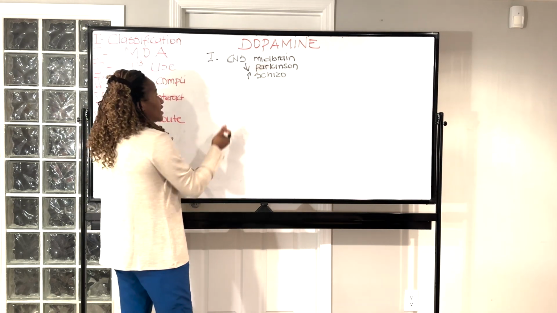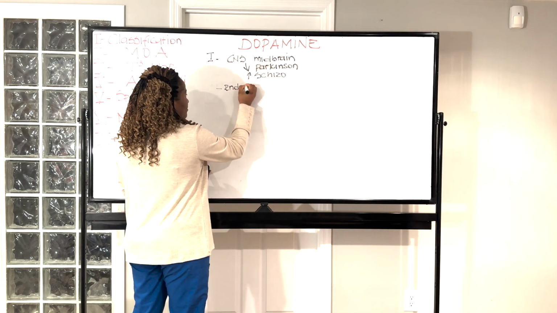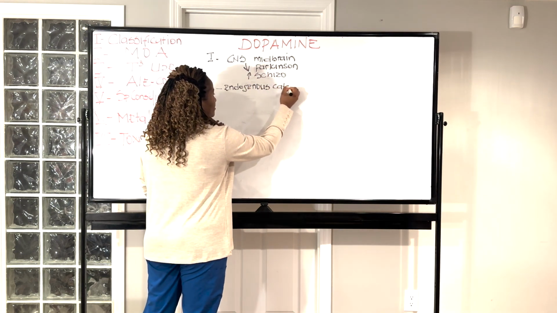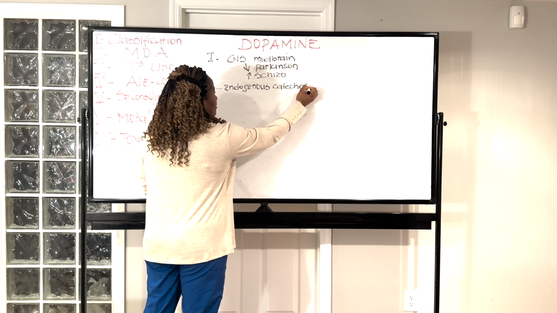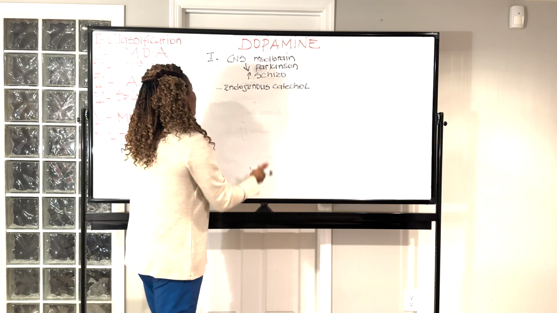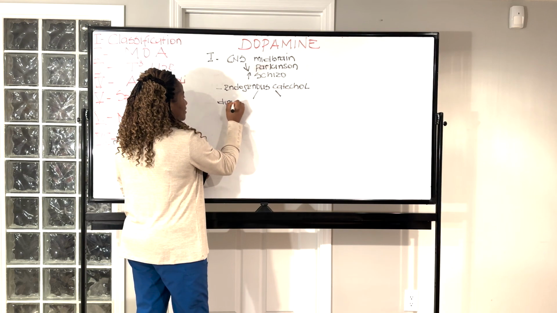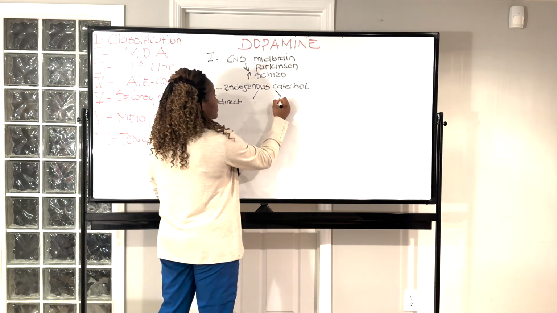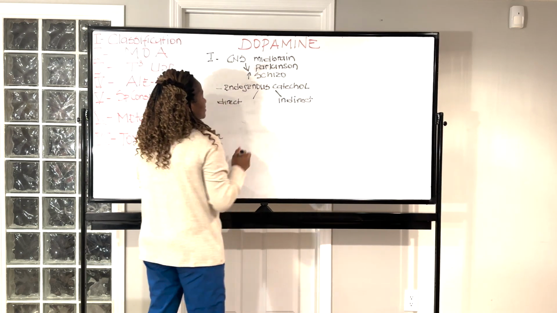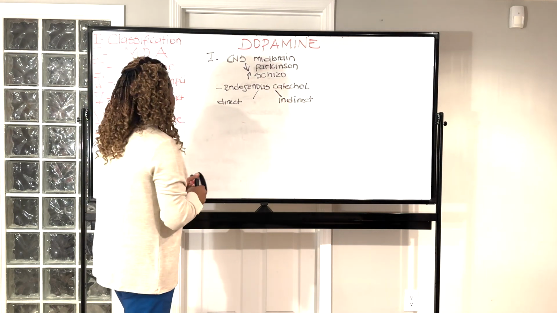And we're also going to add that dopamine is an endogenous catecholamine, just like epi or norepinephrine, right? And it acts in both ways. It acts directly on the adrenergic receptor or indirectly. So this is the main classification of dopamine.